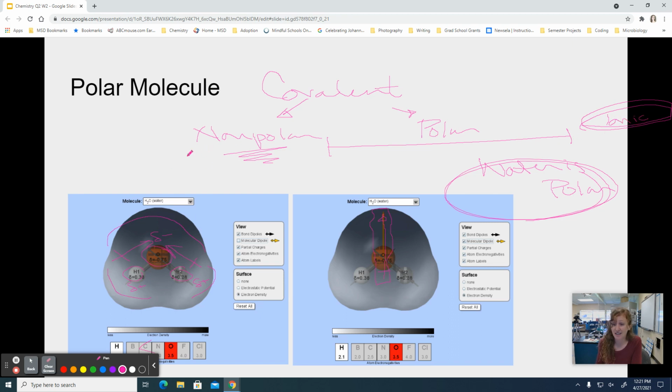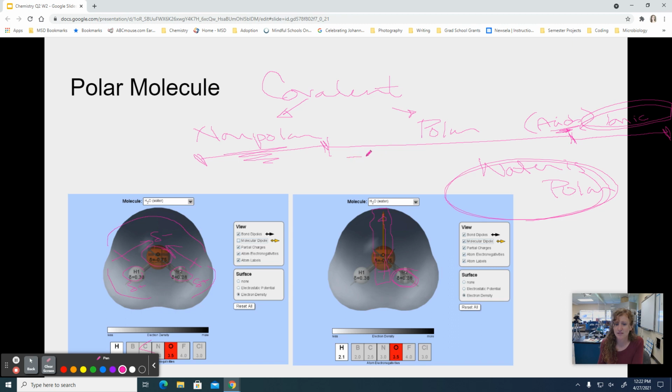So it's kind of a scale here between nonpolar, polar, and ionic, which is why sometimes we talk about covalent compounds like acids having ionic character, right? They're so polarized that they have huge partial charges, and one of the atoms is very close to just taking the electron away from the other one.